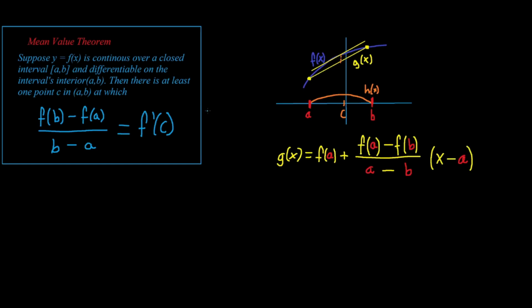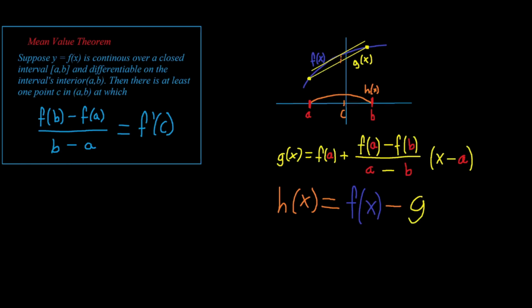Not very complicated. But anyways, I also wrote down here h of x. Now, h of x is the difference between f of x and g of x. So I could write h of x as being equal to f of x minus g of x.